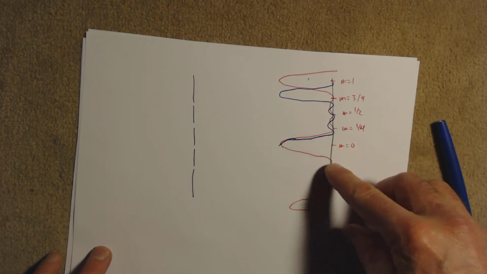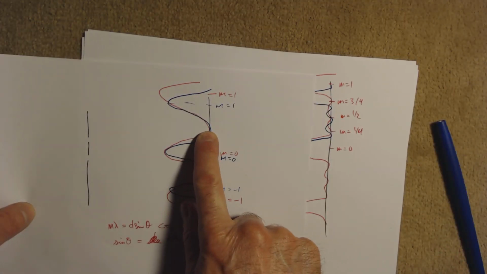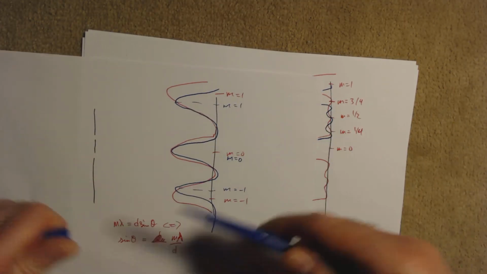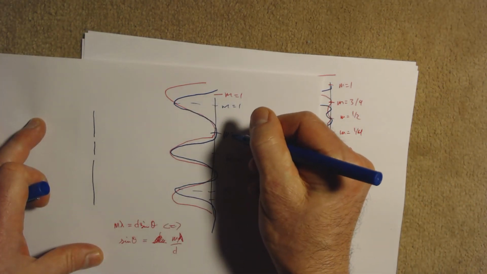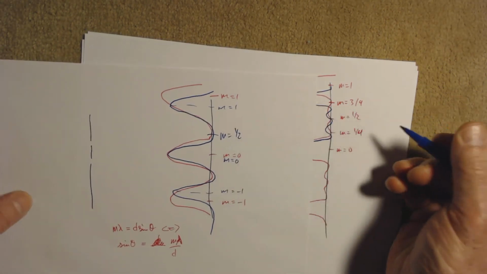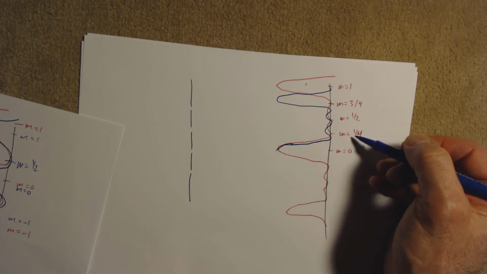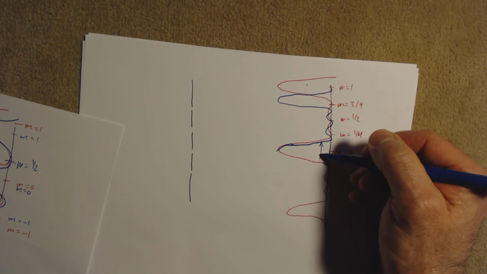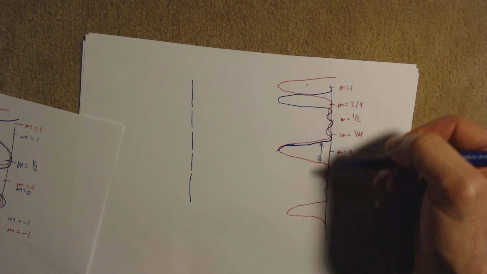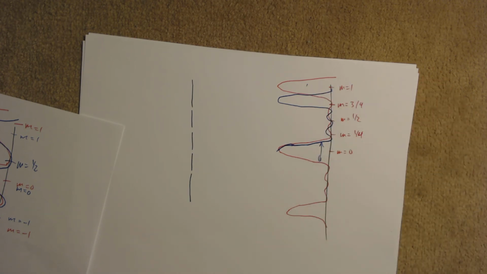So if we compare these two patterns, the first 0 in the 2 slit pattern is at m equals 1/2. The first 0 in the 4 slit pattern is at m equals 1/4, and that defines the width of this peak. And each of these peaks has the same angular width.